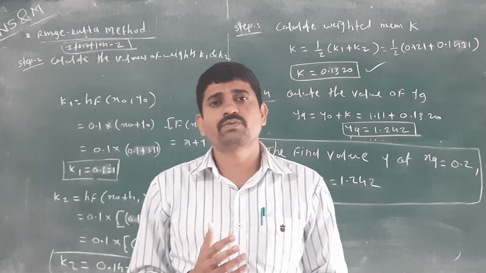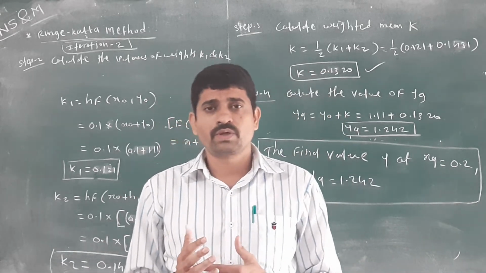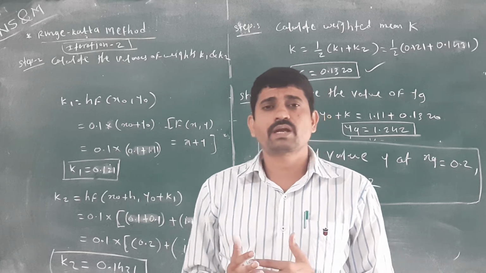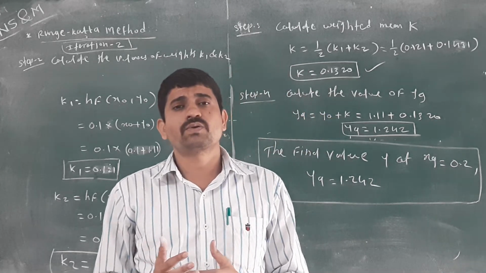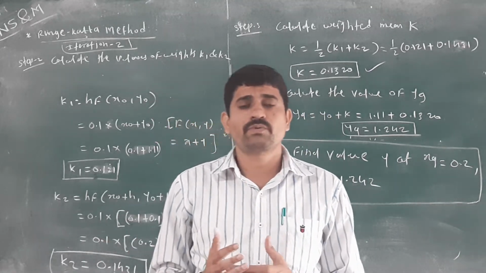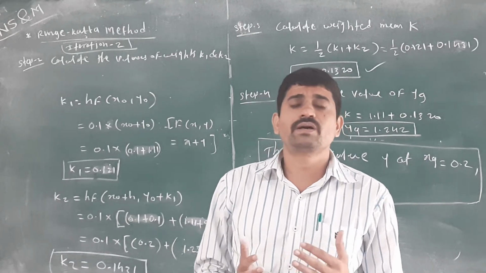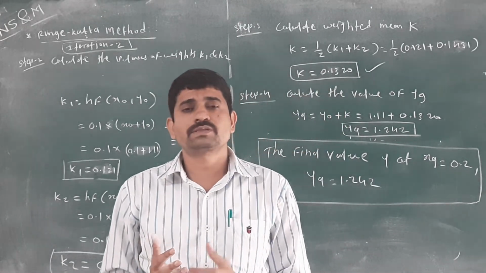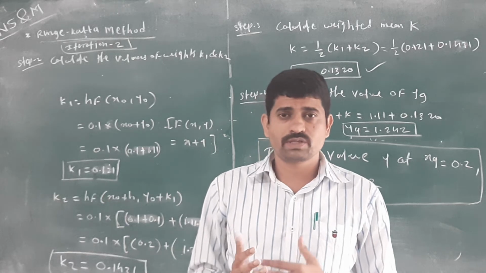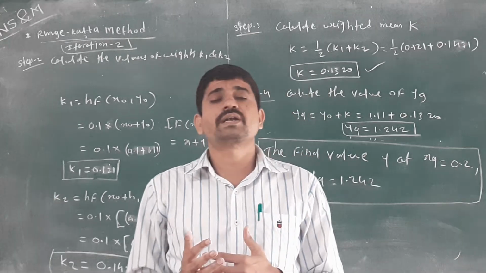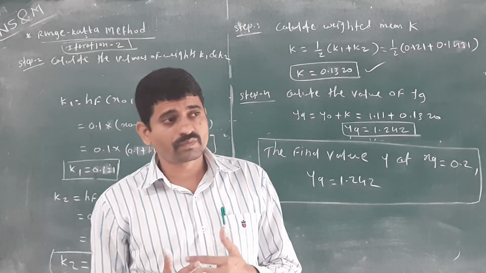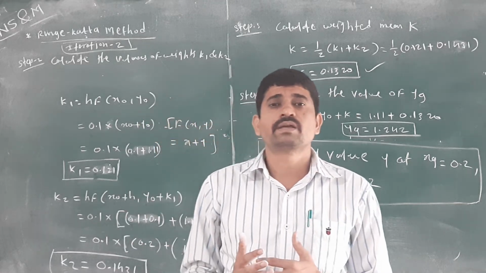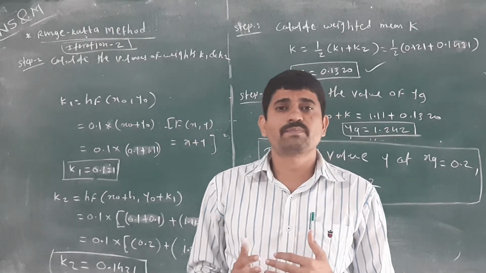With the help of that, you can calculate the value of K2. Once you have got K1 and K2, you can go to the next step. What is the next step? Calculate the weighted mean K. K is equal to half of (k1 plus k2).